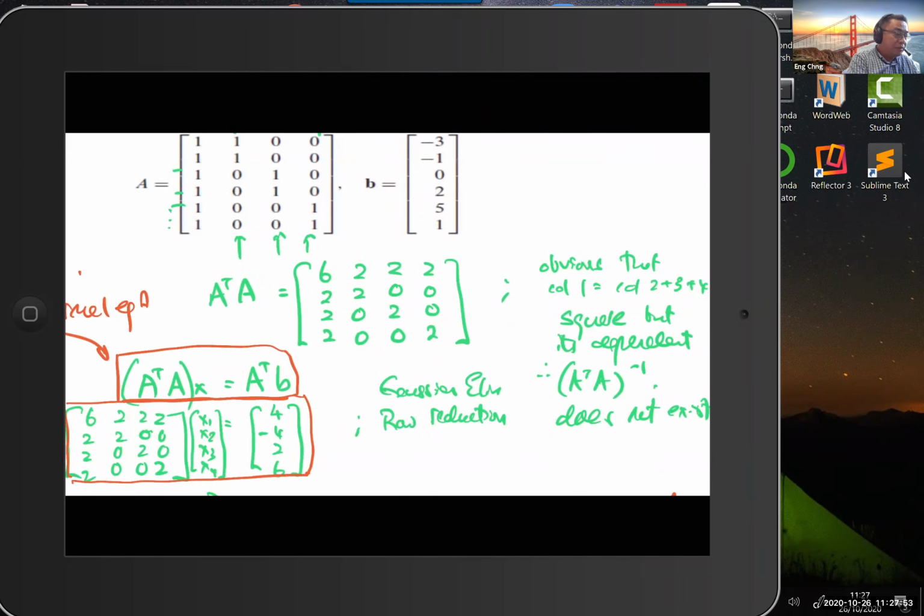Notice that this column is equal to the sum of columns 2, 3, 4. Once we have identified a dependent column for a square matrix, we know that it is singular.